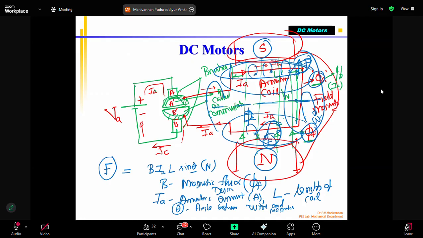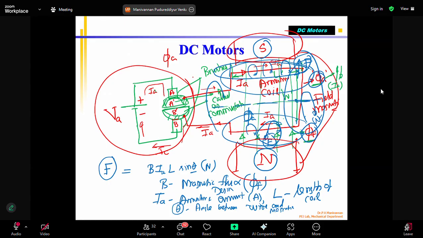The armature coil also produces its own magnetic field, phi A, because I am supplying a voltage and current flows. Apart from that, the armature wires cut the field flux phi F as they rotate, so another voltage is induced in the armature coil.